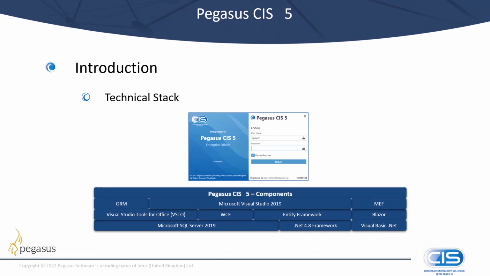So the first item you'll see on this technical stack for Pegasus CIS 5 is that we're using Microsoft SQL Server 2019. I've also listed here some of the other key elements to the technical stack for Pegasus CIS 5, and they include things such as .NET 4.8 framework, Visual Basic .NET as the programming language. We're using Visual Studio Tools for Office, Entity Framework.